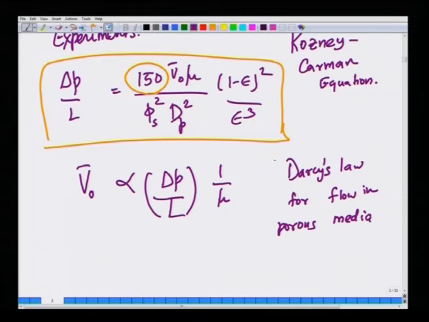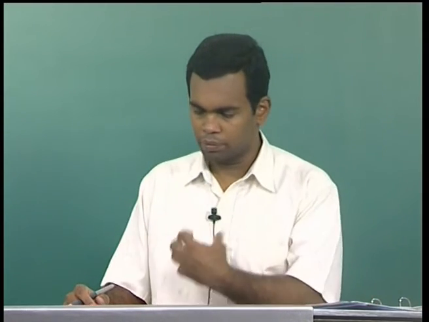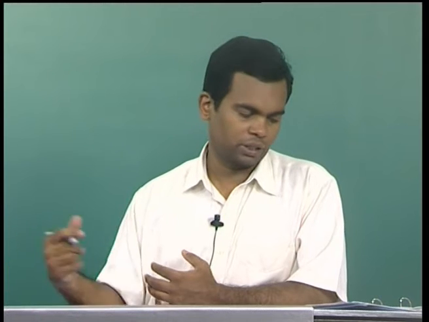This is often used in understanding fluid flow through porous materials like sand, and in groundwater transport and so on. Whenever you have flow of water under the ground, it is almost like flow through a porous bed of mud and sand. So, this model is useful to describe such porous media flows.